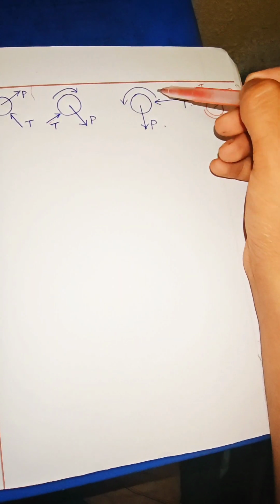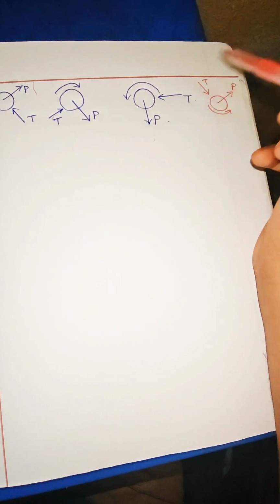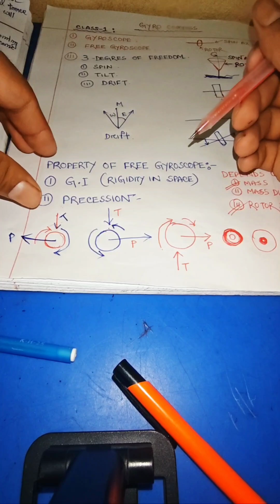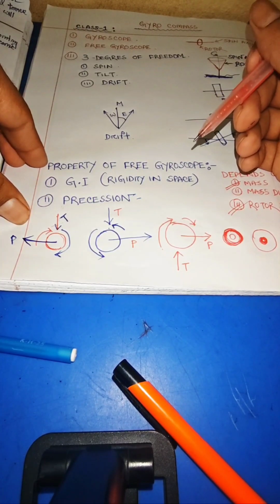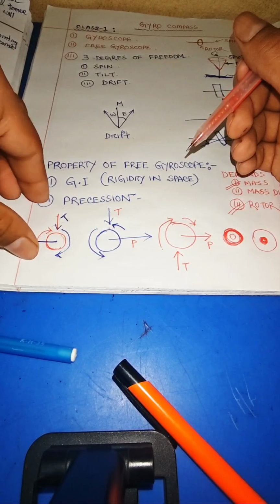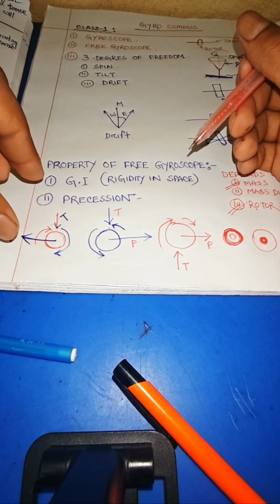This side is the torque and this is the rotation, so this side is the precession. Precession is 90° with the applied torque and towards the direction of the rotor. Guys, this is the second property of a free gyroscope, precession, and it means how a rotor behaves under the applied torque.